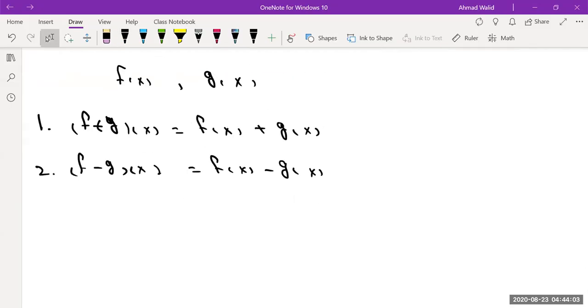Or you can multiply them, right? Number three, f g of x means f of x times g of x.